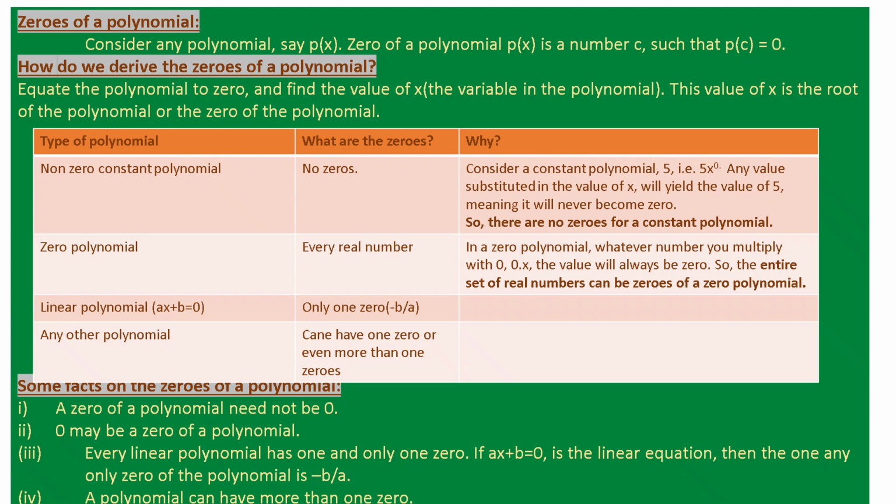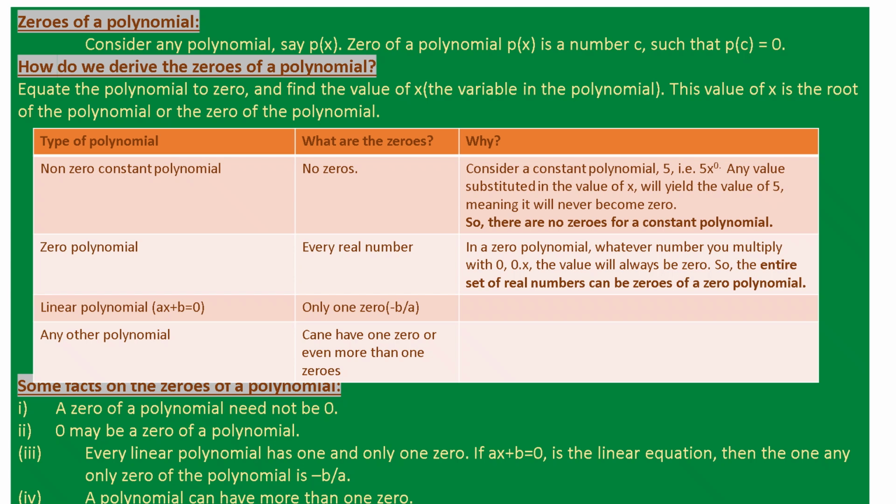Now, consider the scenario of a zero polynomial. In this case, the zeros are written as every real number. Why? What is a zero polynomial? P of x is equal to 0 is a zero polynomial. 0 is derived as 0 times x or 0 times x squared or 0 times x cubed, whatever. But the coefficient is always 0 for a zero polynomial, in which case whatever value x takes, it always gives the value 0.